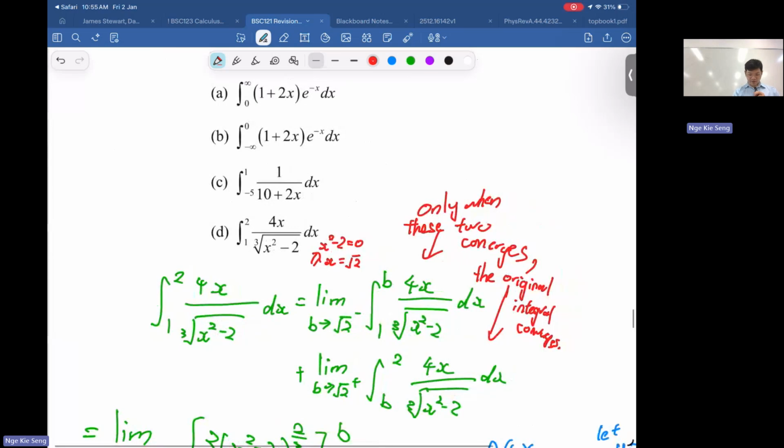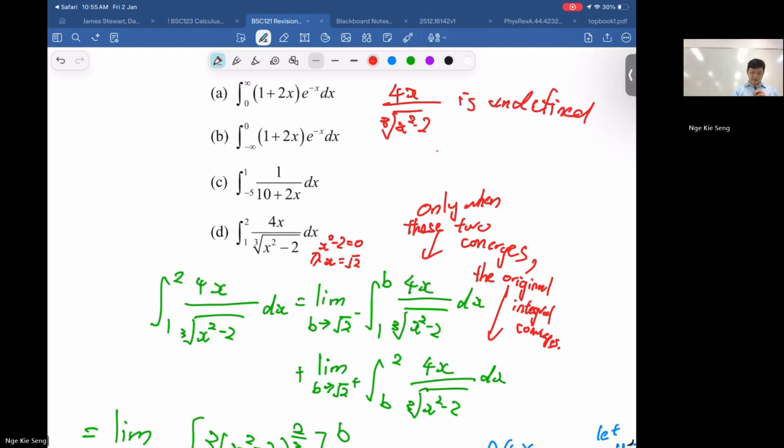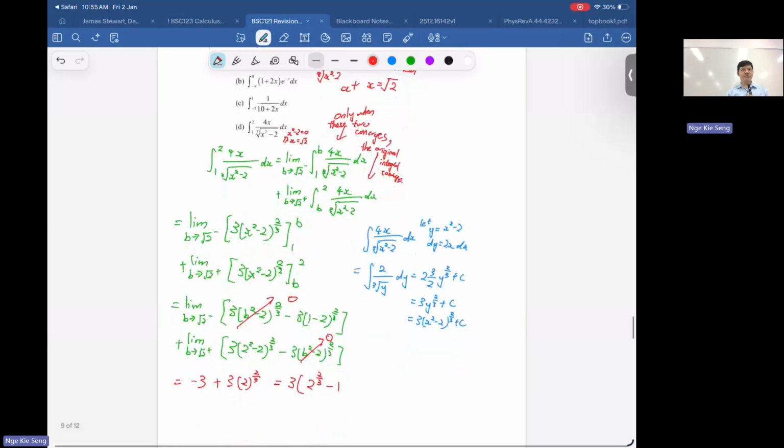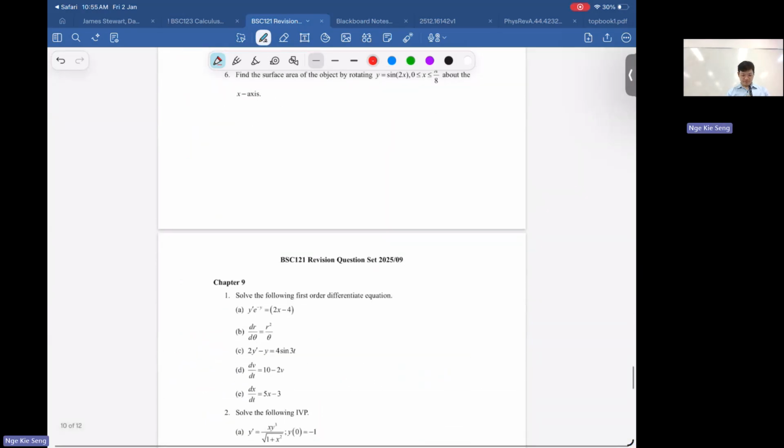Okay, maybe I should write that 4x over the cube root of x squared minus 2 is undefined at x equals square root 2. Okay, good, good.